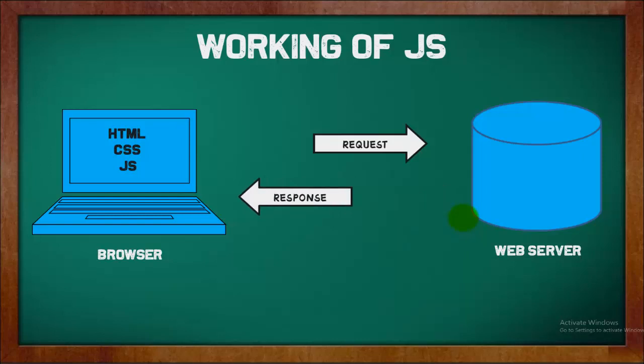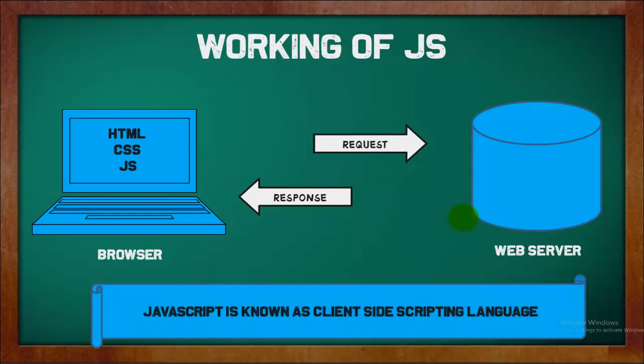So the request and response operation will be helpful in order to work with JavaScript. And the JavaScript which we are going to work with in our syllabus, our curriculum, is a client-side scripting language. We are not going to concentrate on server-side scripting language, but I'll tell you what is the meaning of server-side. But we will not be concentrating on server-side scripting language. We will be concentrating only on client-side scripting language.